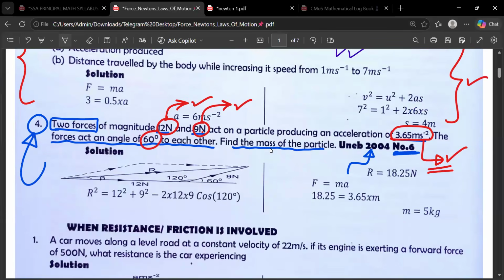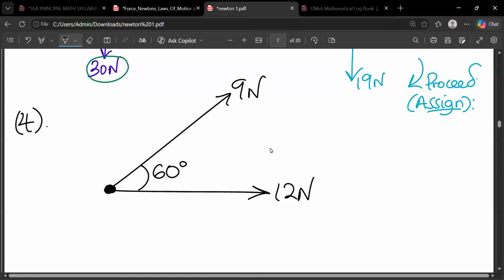they say that two forces are acting like that. Are we together? Then they say producing an acceleration of that, and they want the mass of the particle. They gave us the acceleration, which is 3.65. So you're just summarizing: these people provide the acceleration, which is 3.65, and they have even put the unit like that.